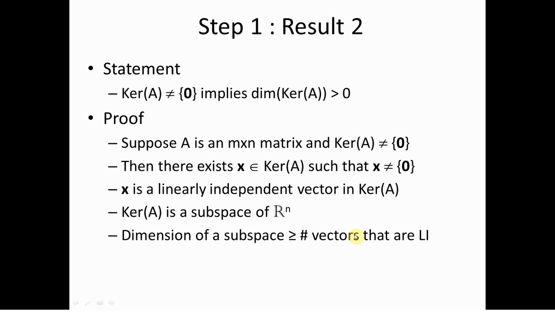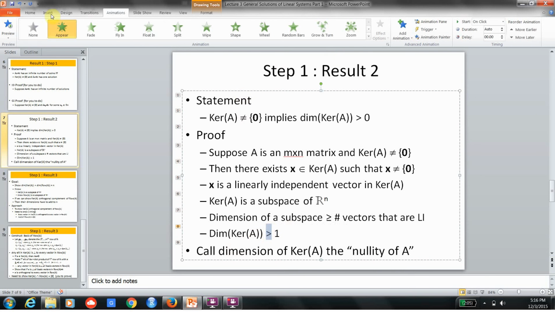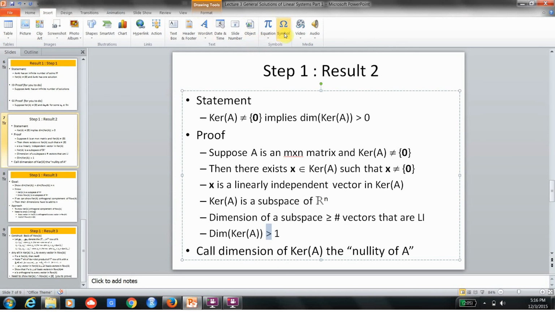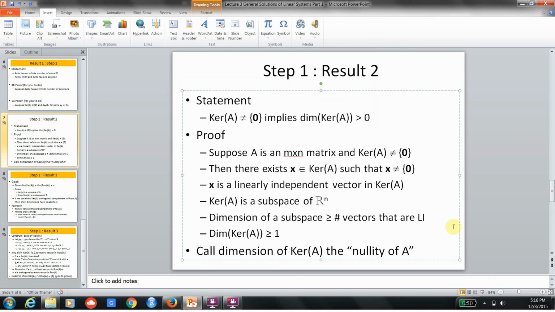So this always has to be greater than or equal to any linearly independent set. So since we have one linearly independent vector, we know that the dimension of the kernel has to be, and technically I should have greater than or equal to 1. Let me change that. Okay. Because it could be 1.